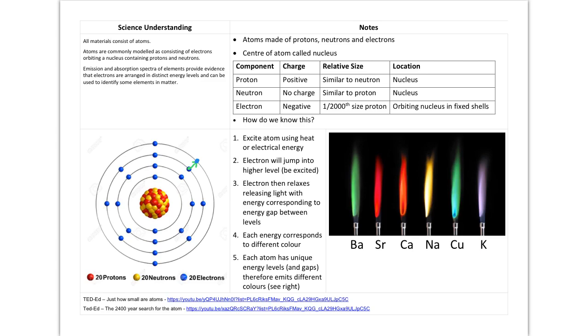So that's step 2 there. Then after that atom jumps into an excited state, normally it will fairly quickly relax back down, and when it relaxes back down, it'll lose that energy. So it's gained that energy, jumped into a higher level. That energy is, if you like, stored in that higher level, and then it jumps back down. And when it does that, we see light given off.